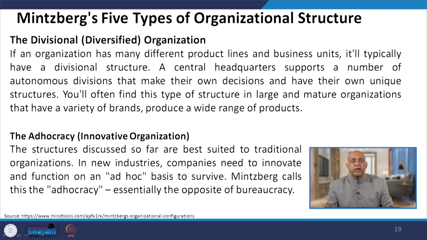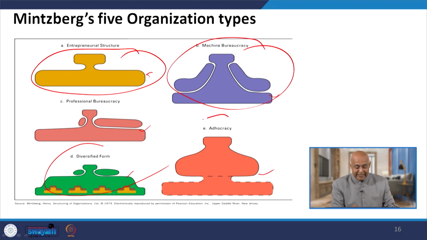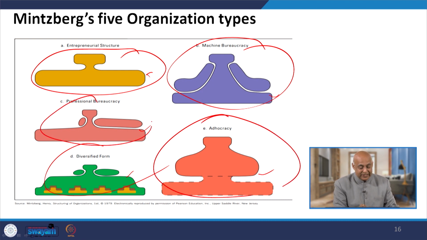So, Mintzberg calls this the adhocracy, essentially the opposite of the bureaucracy. This is the adhocracy structure and this is the bureaucracy structure, right? So, you understand the difference between these two structures.